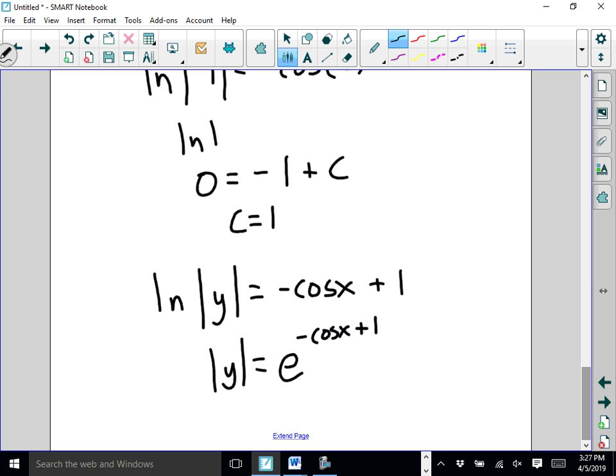So let's say the right side of the equation equaled 5. Y could be 5 or negative 5 and it would work, right? So we have two options here. Y could equal e to the negative cosine x plus 1, or negative y could equal e to the negative cosine x plus 1. Let's test what happens if we just dropped it.